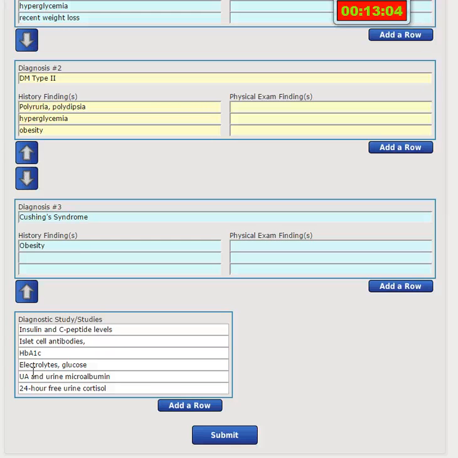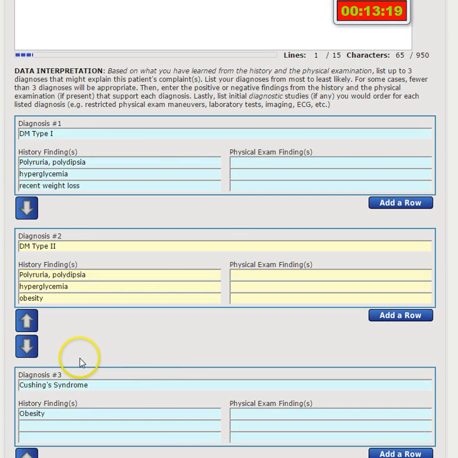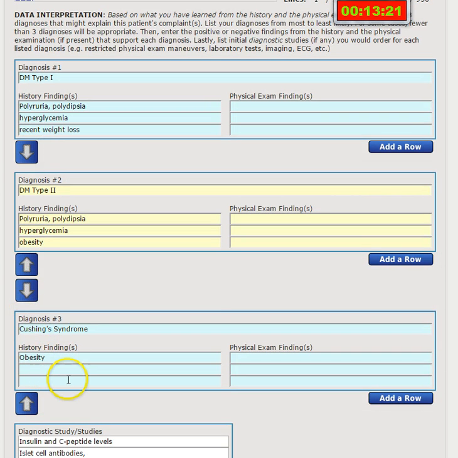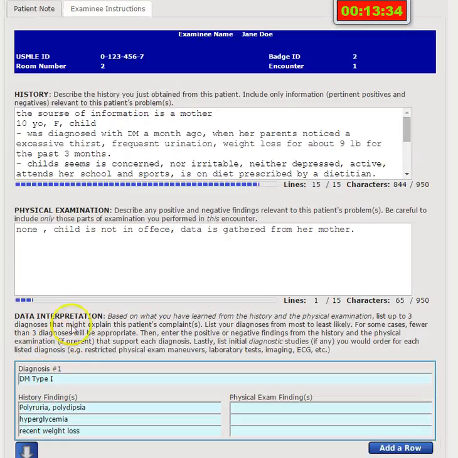Prescribe angiotensin-converting enzyme inhibitors, which are protective in diabetes mellitus. The 24-hour urine free cortisol test is necessary to exclude Cushing syndrome, because Cushing syndrome, due to the production of too much cortisol, causes obesity, and it will secondarily cause insulin resistance.